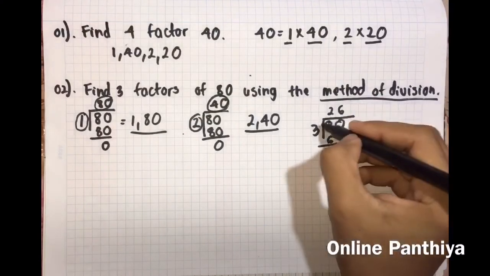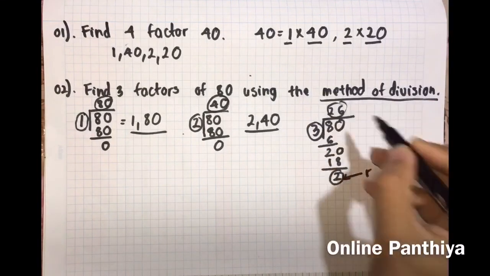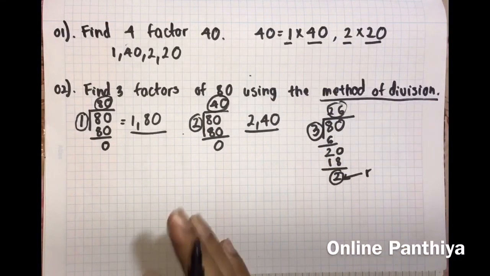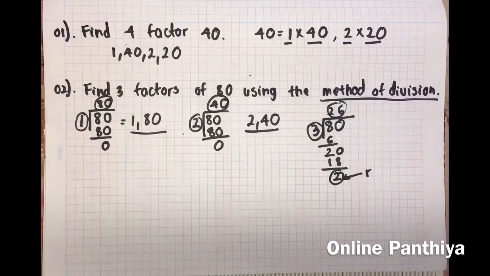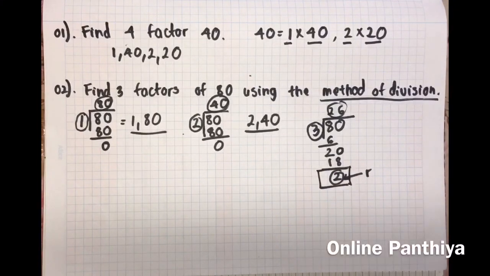Now can you say that 3 and 26 are factors of 80? No, you can't. Understand? People make mistakes here. Listen very carefully. Why do I say that I can't write 3 and 26 as factors of 80? What is the reason? Yeah, because you have a remainder 2. Therefore, you cannot write this.